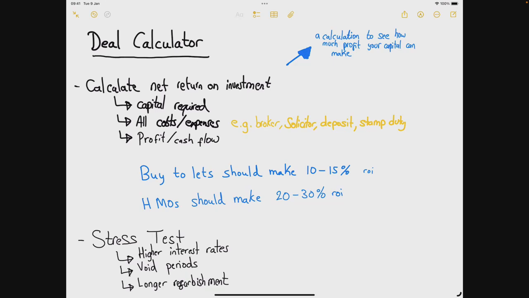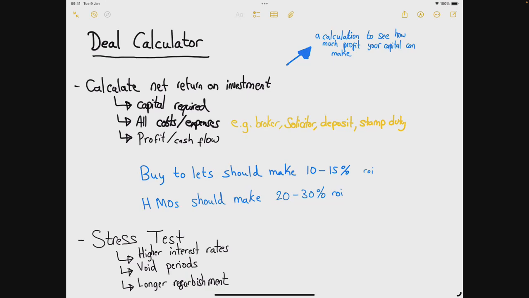So what is your monthly or annual cash flow? After you deduct the mortgage repayment, maintenance works, agent fees, what is your profit after all of that? And then you take that profit and you divide that by the capital that you deployed into this property investment. And that gives you your net return on investment. That enables you to see how well and how effective your capital is working for you.